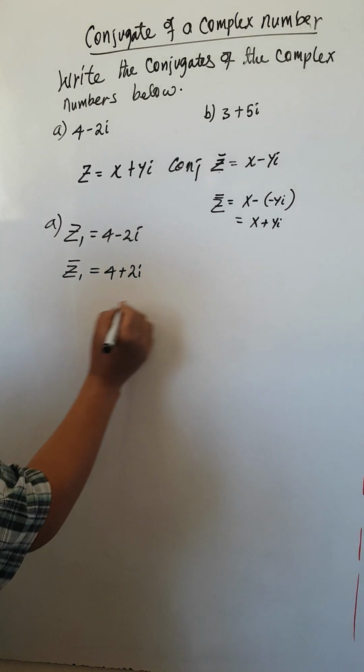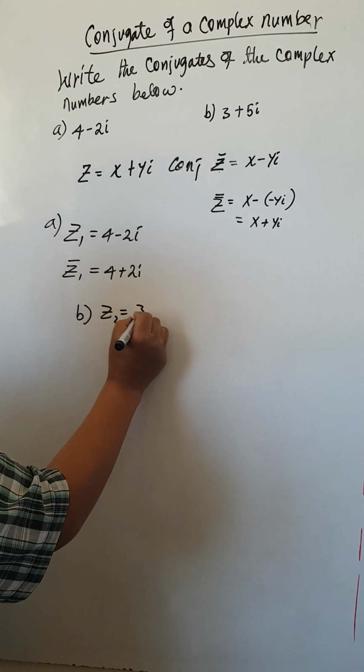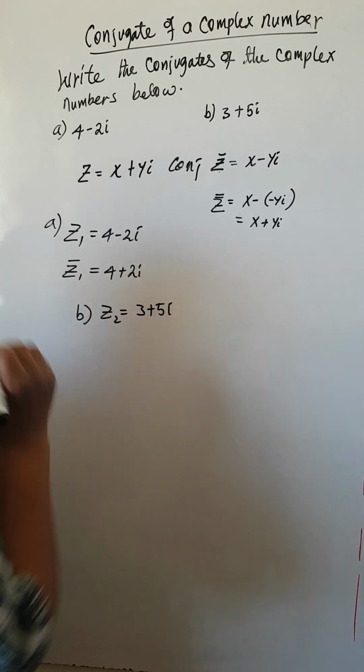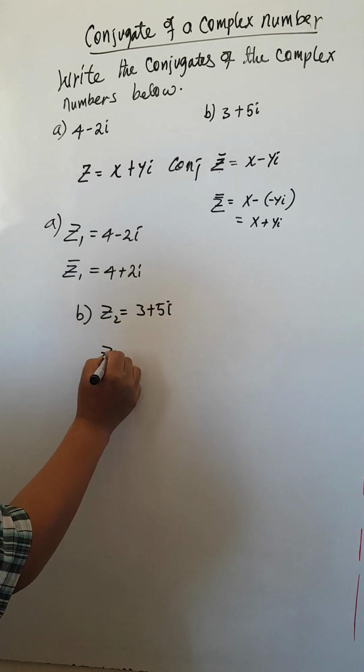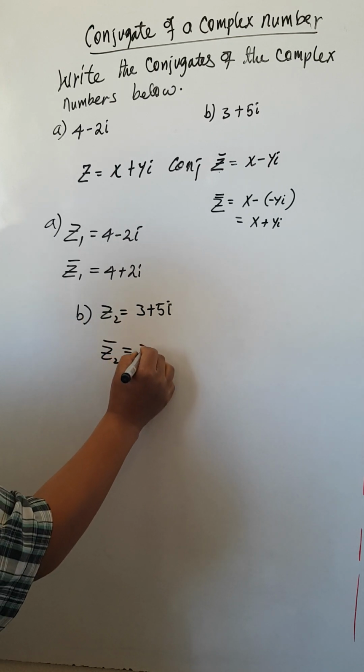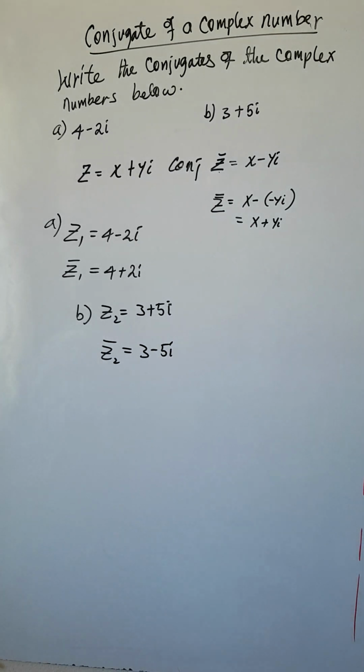And in case of b, suppose we have z2, which is 3 plus 5i. The conjugate of this number is 3 minus 5i.